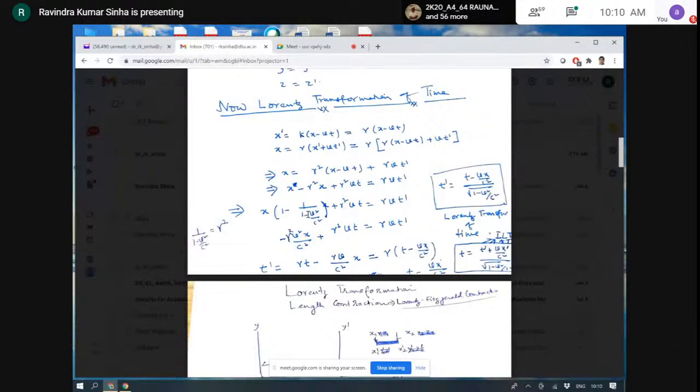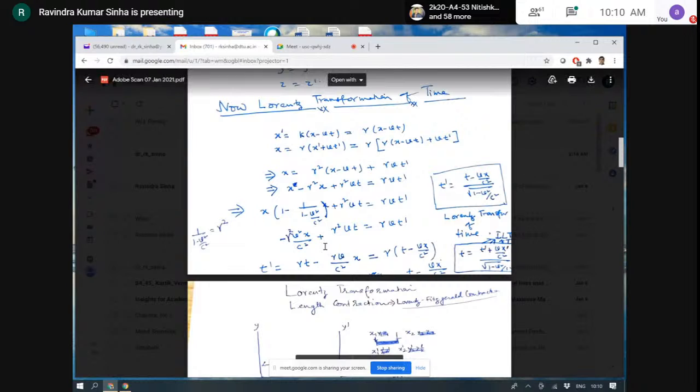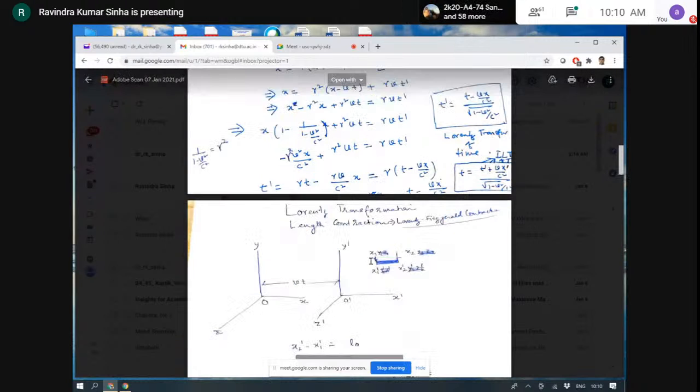Here also you check it, this will go to here and minus 1, so it will be cancelled. So it will be there 1 by v square by c square into x and into 1 this gamma square. So it can come out.